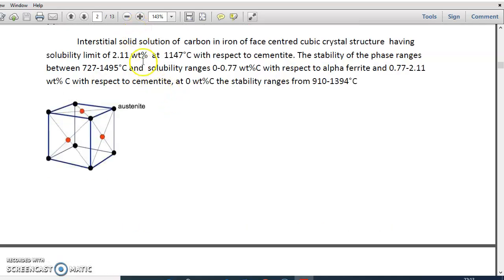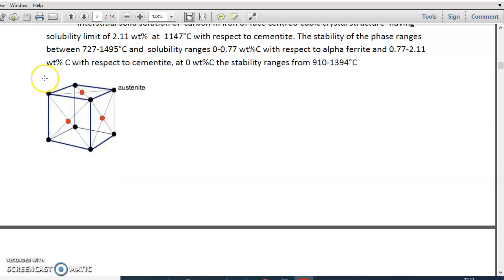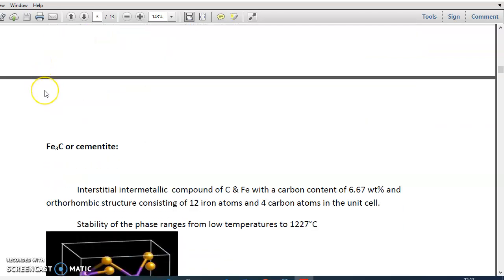What transformation do we get from austenite? Austenite is a metastable phase, and by changing the cooling rate we can change the transformation of austenite. The faster the cooling rate, the lesser the interlamellar distance. The lesser the interlamellar distance, the better the mechanical properties of the material. Now, pearlite can be resolved or unresolved.